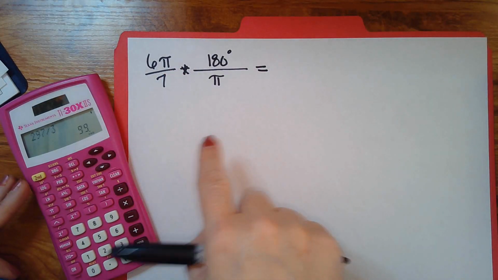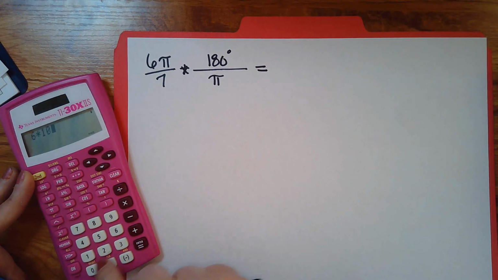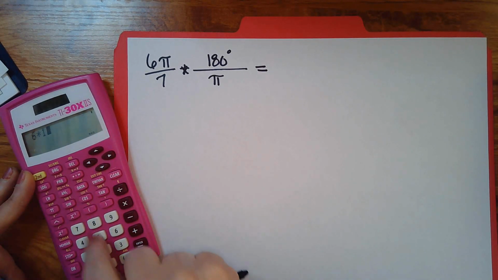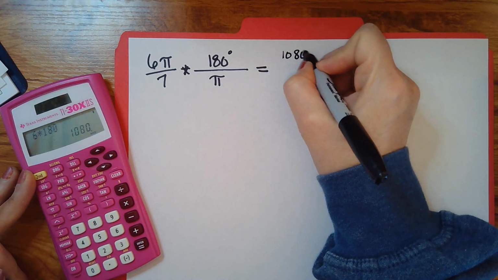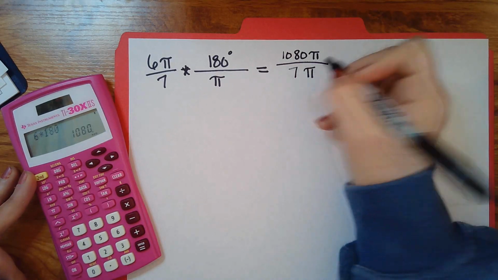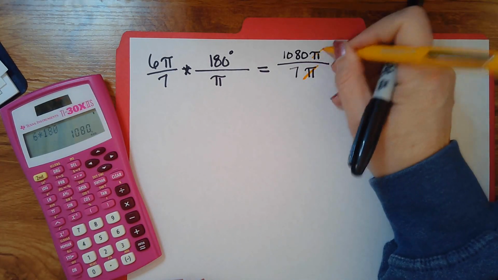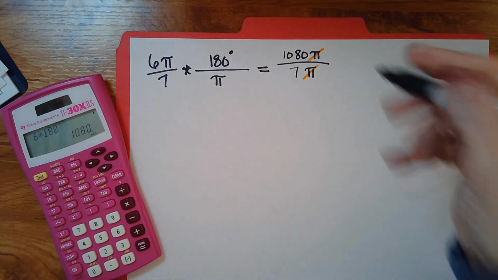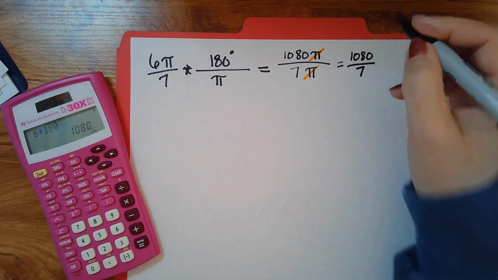So I have 6 pi times 180. So that's 6 times 180 is 1080 pi on the top, and then I have 7 pi on the bottom. My pi's cancel out, so now I just have 1080 over 7.